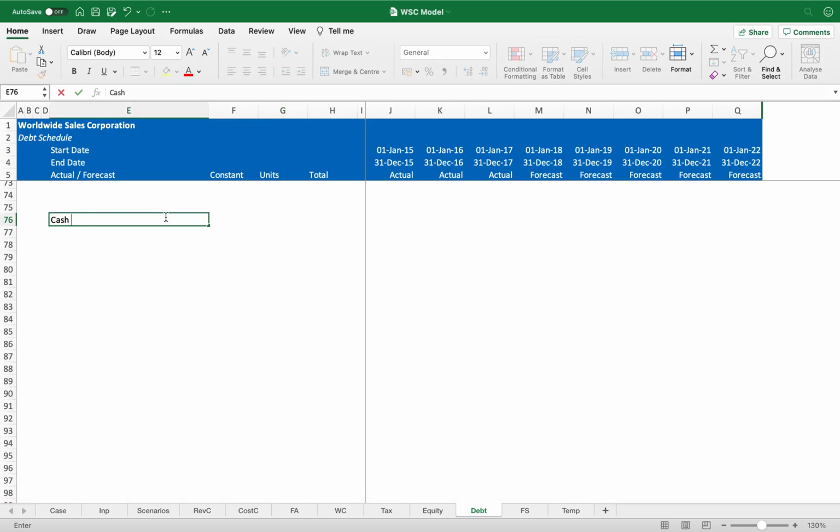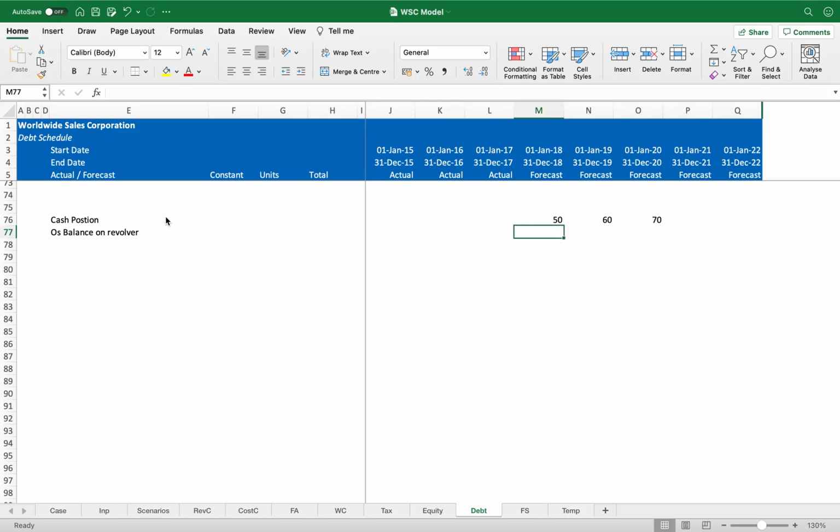Let's hypothetically take an example. Your net cash position is, let's say, 50, 60, 70. And your outstanding balance on revolver, that means the opening balance during the year of revolver, is, let's say, 60, 30 and 50.